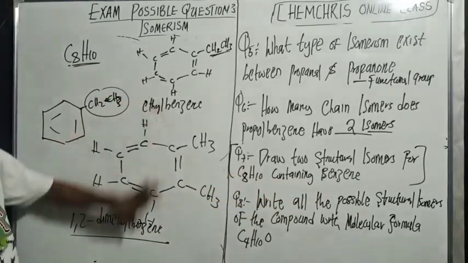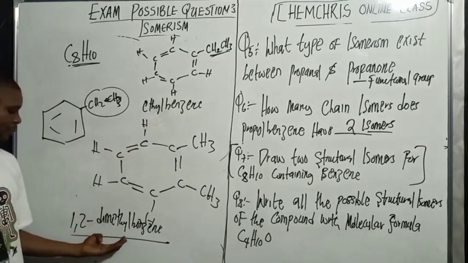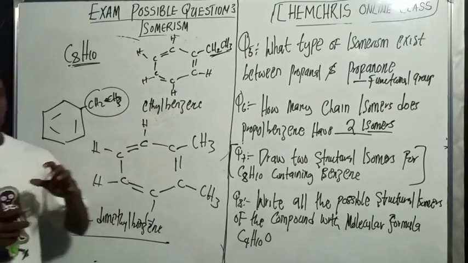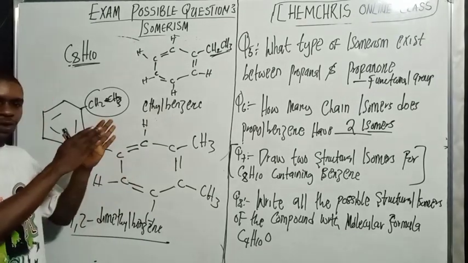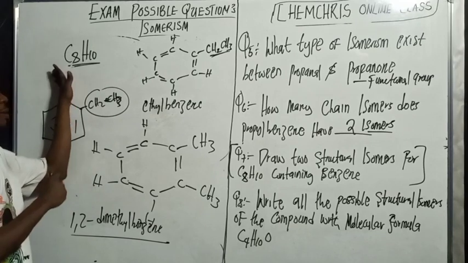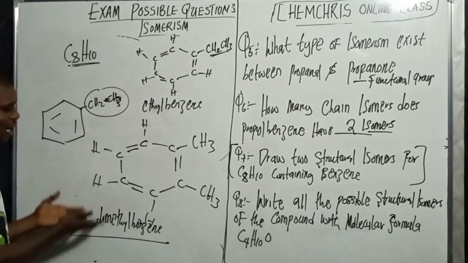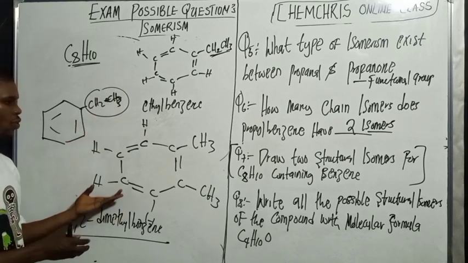They are isomers of each other. Ethyl benzene and 1, 2 dimethyl benzene are another form, isomers of each other. Why? Because they have the same molecular formula but different structure. So that is it for this one here.